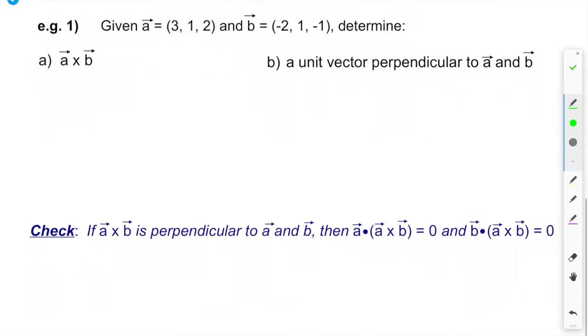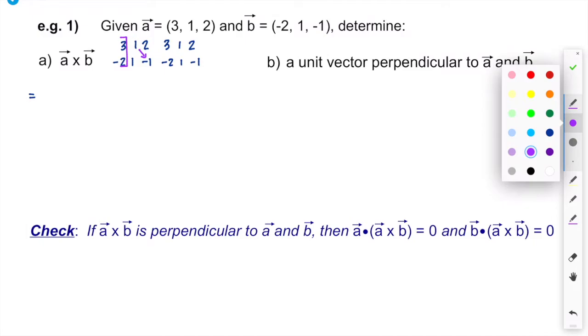So let's try to work out some cross products. Here you're given vectors A and B. We are going to look for A cross B. So the first thing that I'll do is list out the two vectors sideways. Okay, and then what are we going to do? We're going to ignore the first, and then go down, and then go up like that.